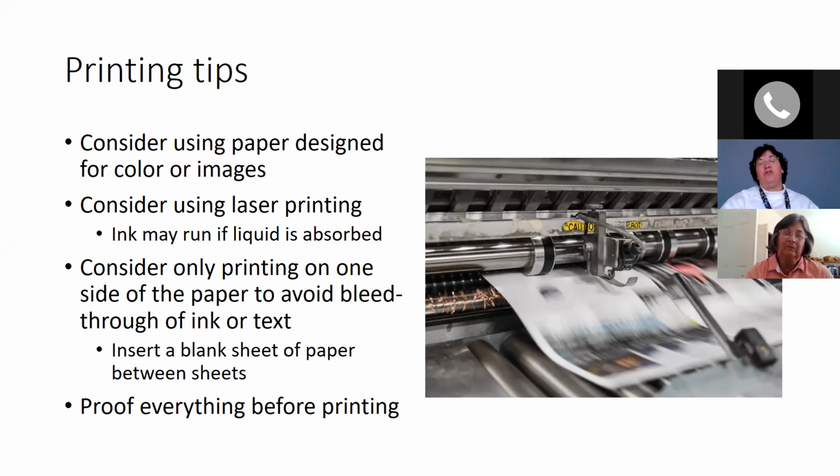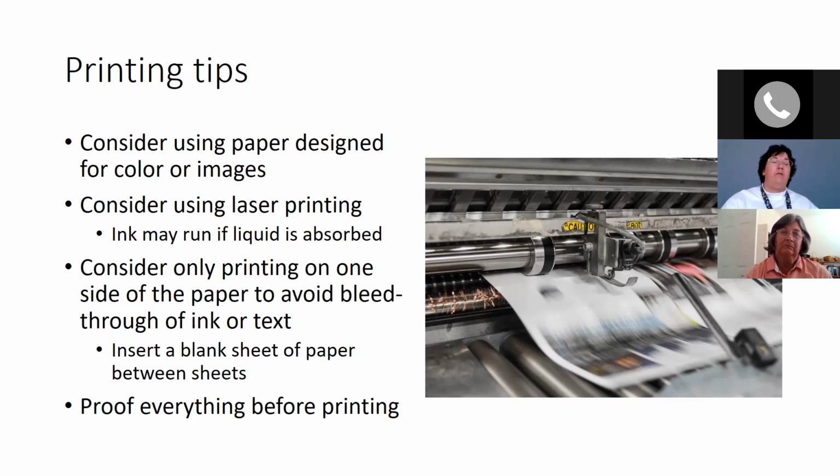I'm going to assume that you're going to either take it to, let's say, an office supply store like Office Depot or Staples and use them, or you can easily come into the library to use our color printer, or you would have something available at your house. When you hit the print button on this, I want you to seriously consider using paper designed for color or images. Not necessarily for photos, like if you're going to print your photo reel from a trip or something like that.